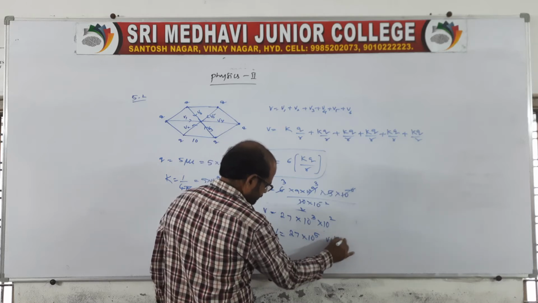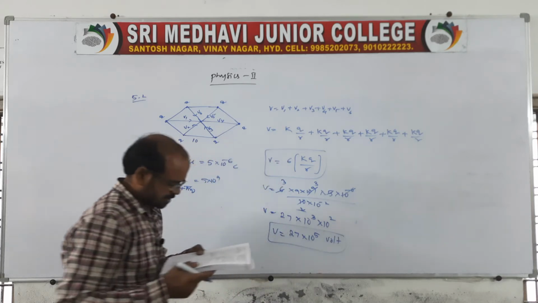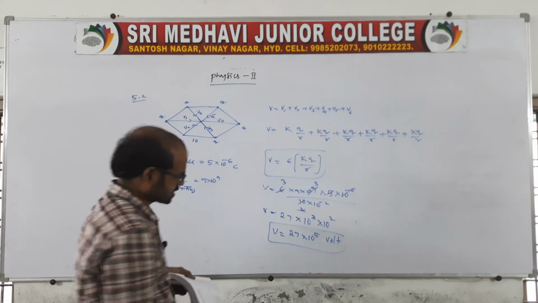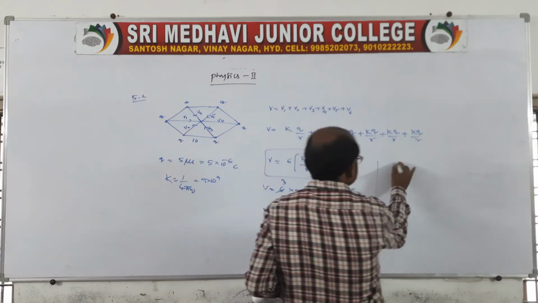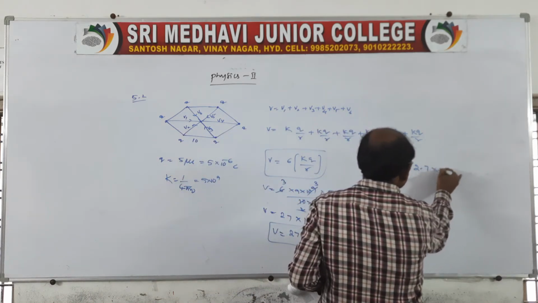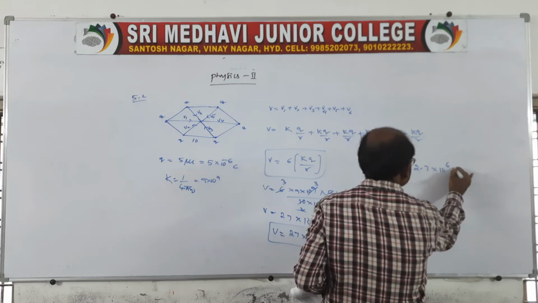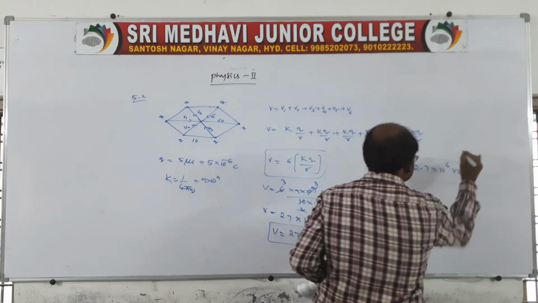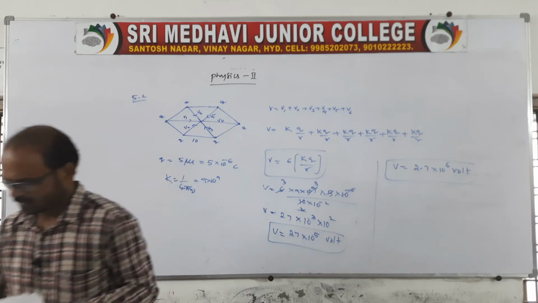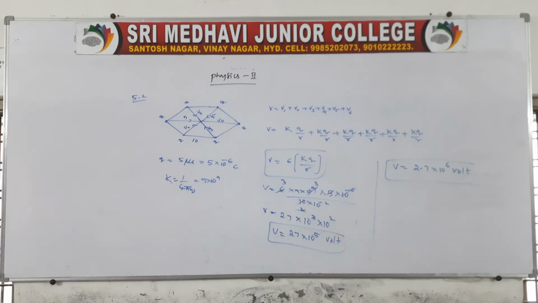It is volt. So look into the answer. Yes, of course we can also take V is equal to 2.7 into 10 power 6 volt. It remains the same. So this is the method to do the problem if a hexagon is given like this.